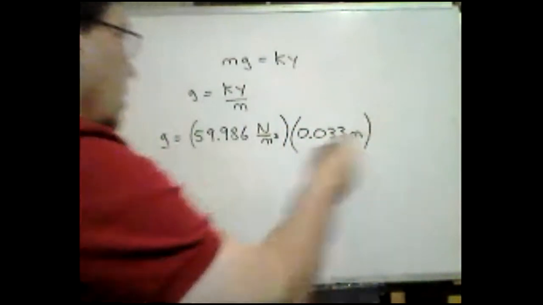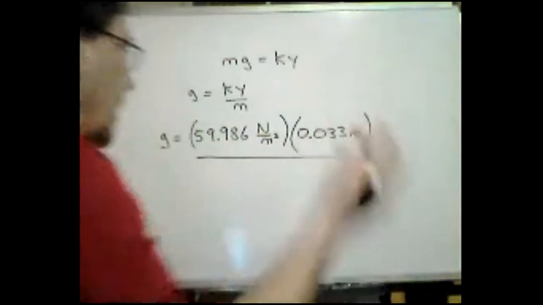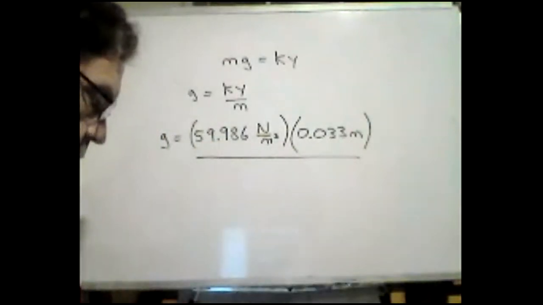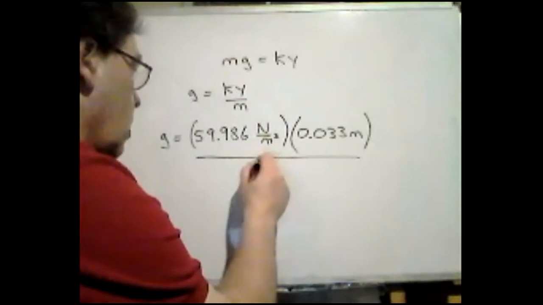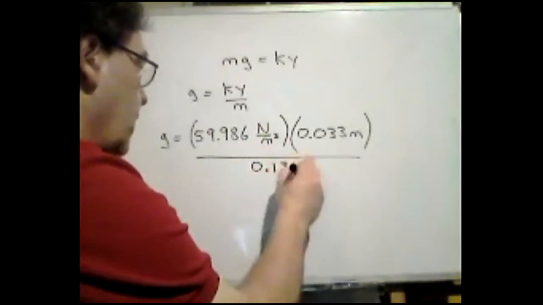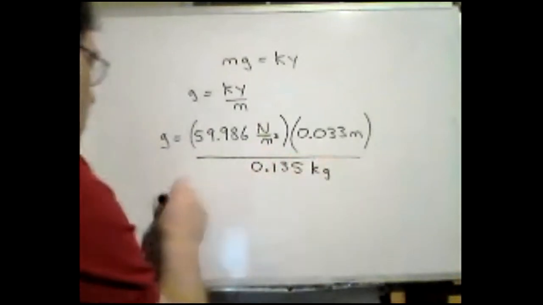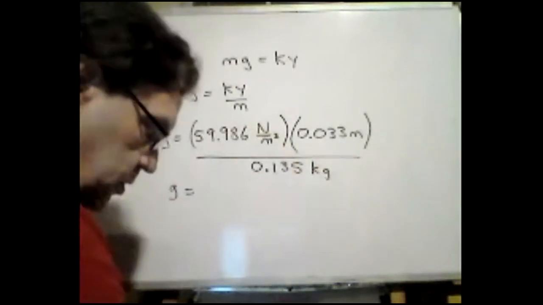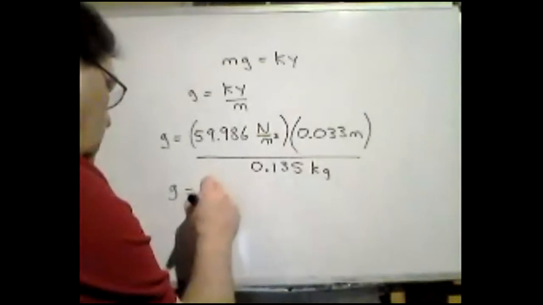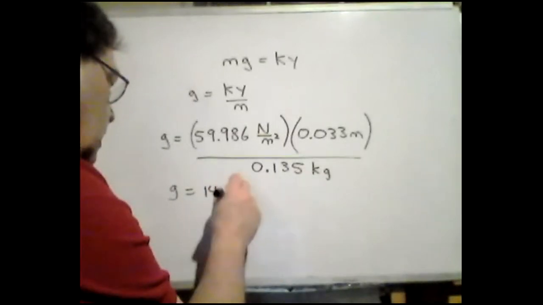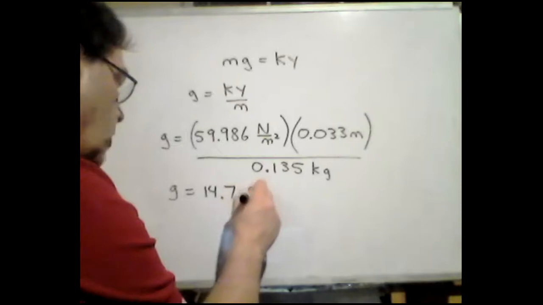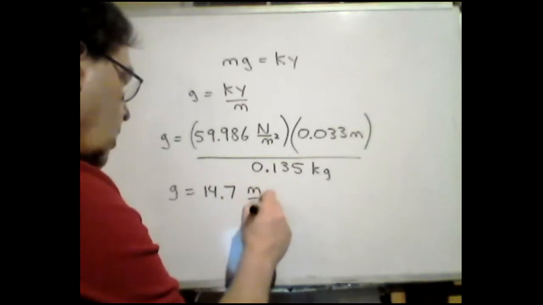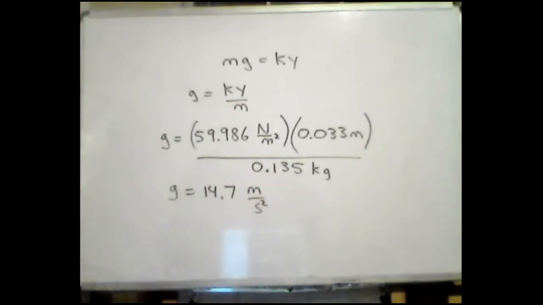In meters, that's 0.033 meters. And the mass that I chose was 135 grams, or 0.135 kilograms. I figure that out. Again, I want you to do the experiment with your own numbers, but I get that planet X has a gravitational acceleration of 14.7 meters per second squared. That's greater than Jupiter.